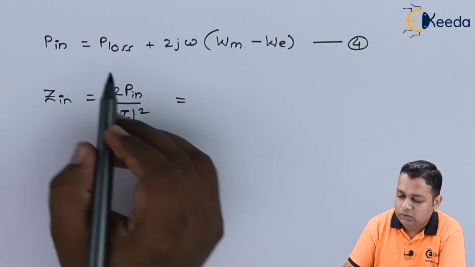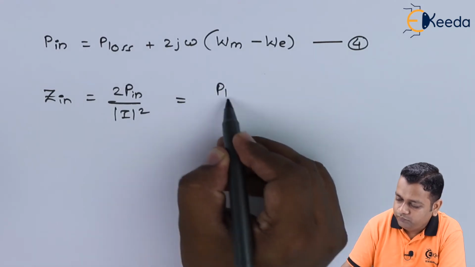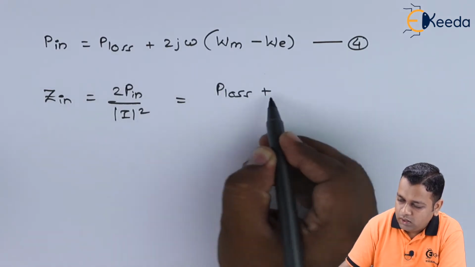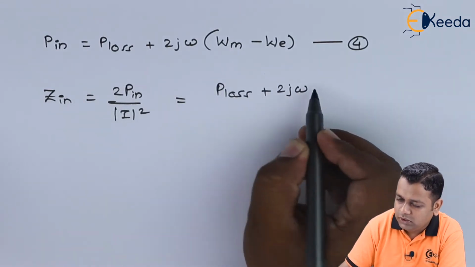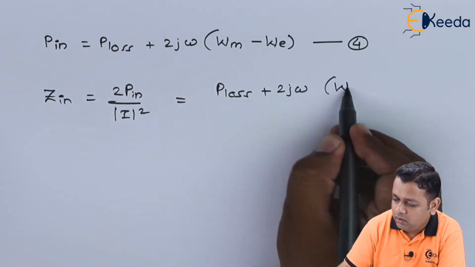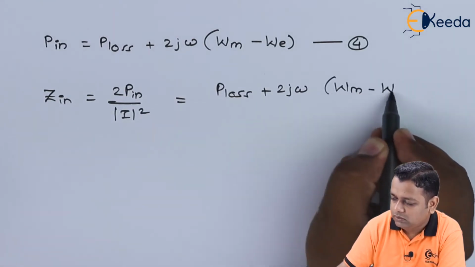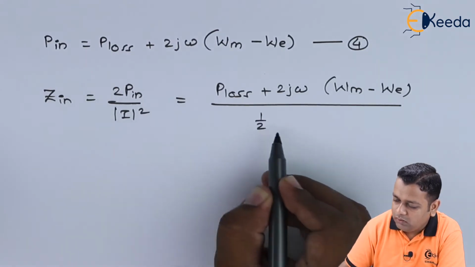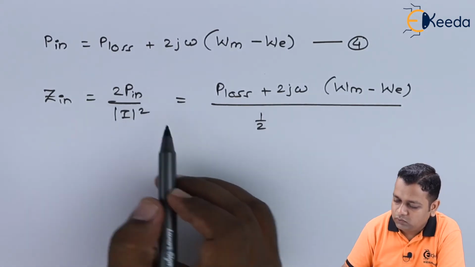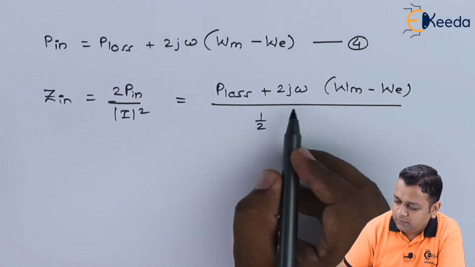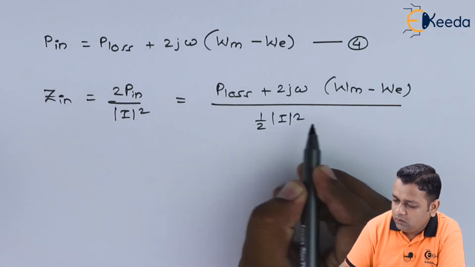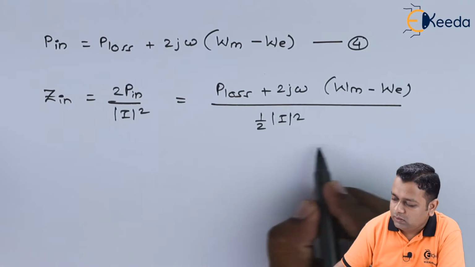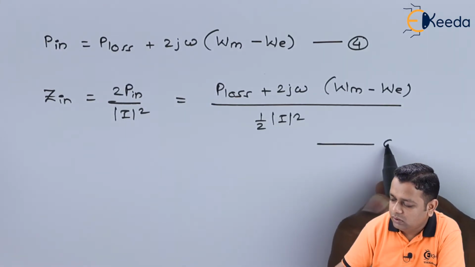Expressing it in terms of P loss added to twice of j omega in the bracket W suffix m minus W suffix e, which is divided by 1 by 2 times this, we get the denominator mod I squared. Let this be the new equation number 5.